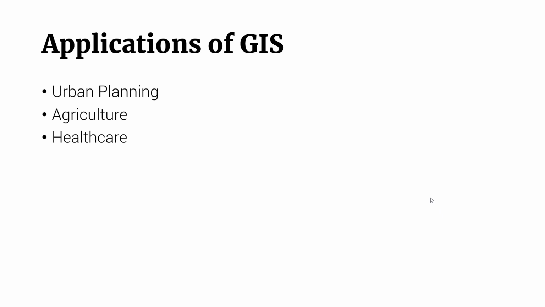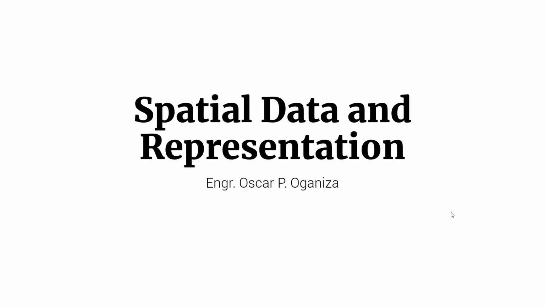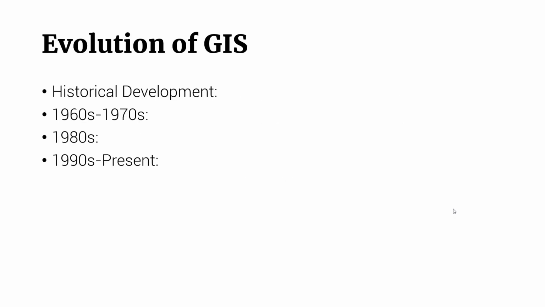Okay? So those are the applications of GIS. Now, the evolution of GIS: in the 1960s up to the 1970s, that's when computerized mapping came in, used for land use planning and natural resource management.